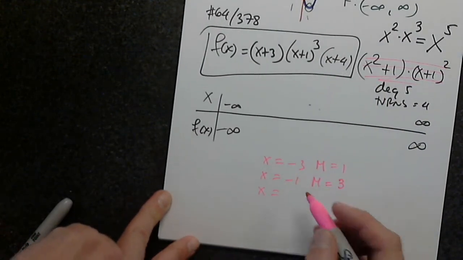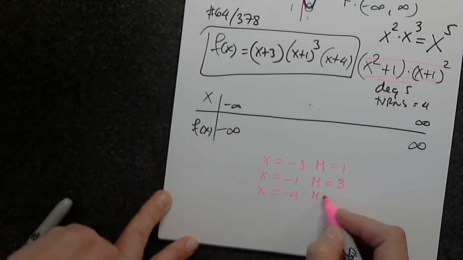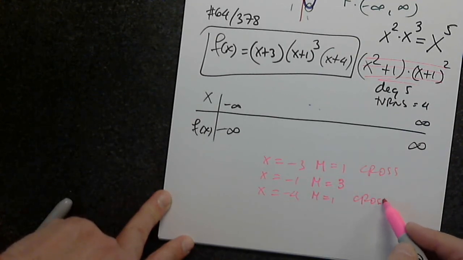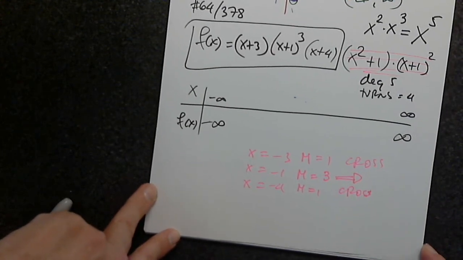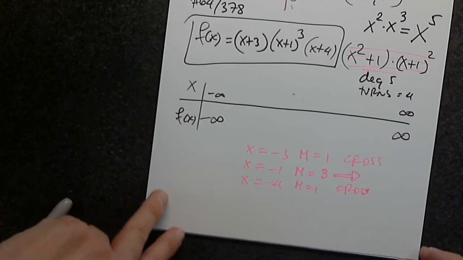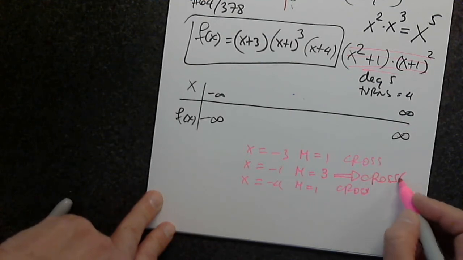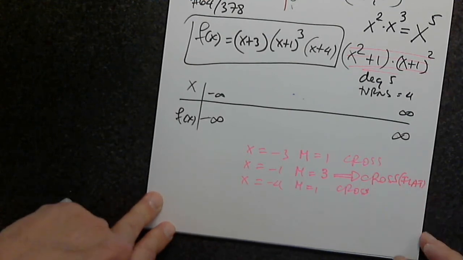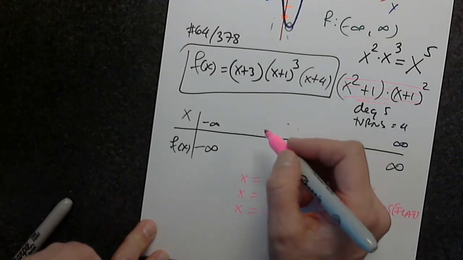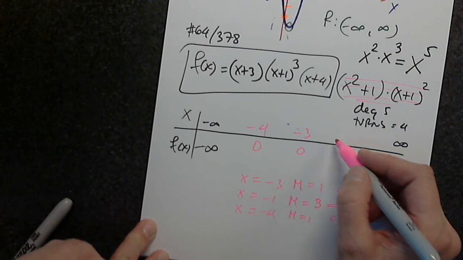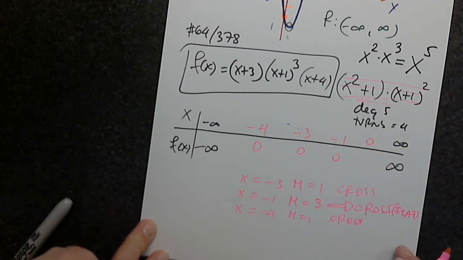And -4, multiplicity 1. So this is a cross. This is a cross. But what does this represent? How will this one look like? Flat. But a flat cross. Very good. Awesome. So -4, 0, -3, 0, -1, 0, and also 0.